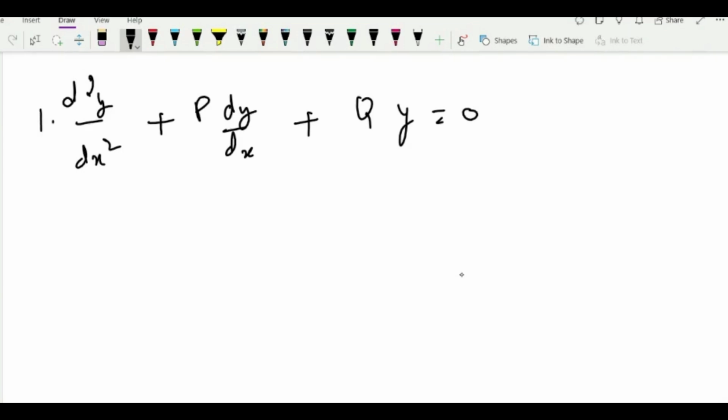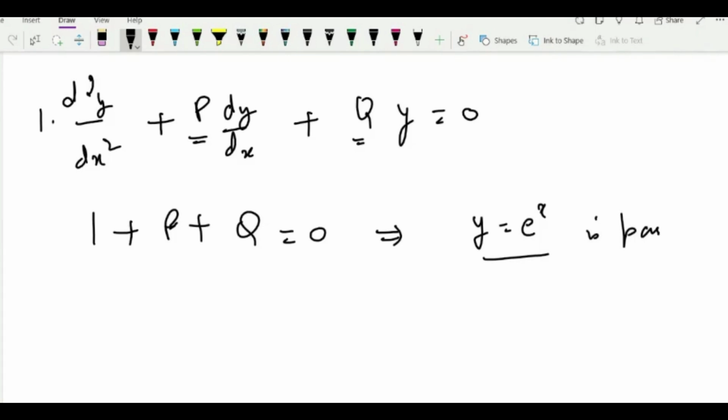In this equation, you can check the value of p and the value of q. If your equation satisfies 1 + p + q = 0, then we can say y = e^x is part of the CF. You can check this is the solution. e^x is a solution if 1 + p + q = 0. One of the solutions is e raised to power x. This is part of the CF.